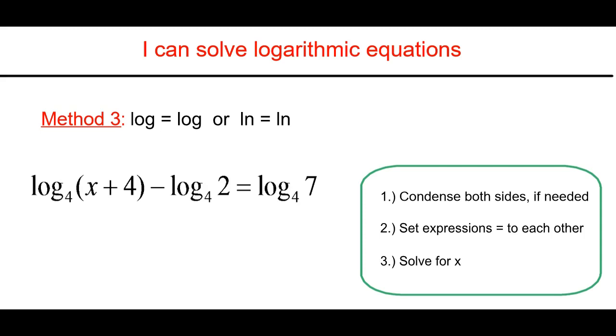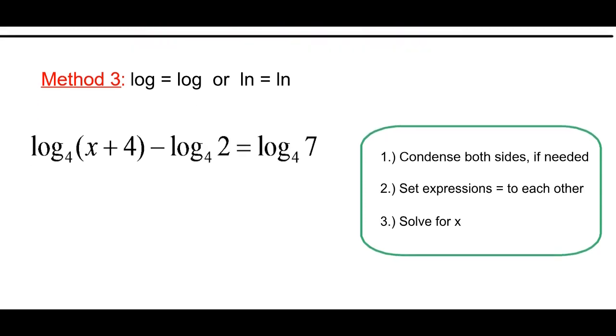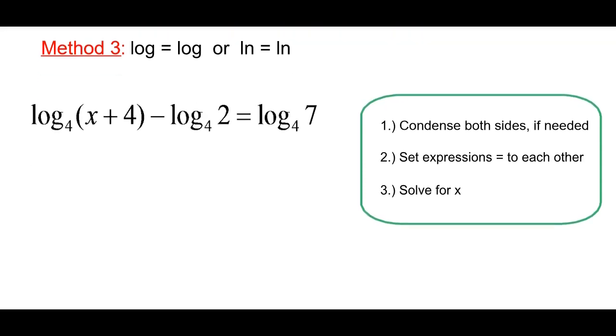Next example, I have log base 4 of x plus 4 minus log base 4 of 2 equaling log base 4 of 7. On the left side, I see more than one logarithm, so I'm going to need to condense those.